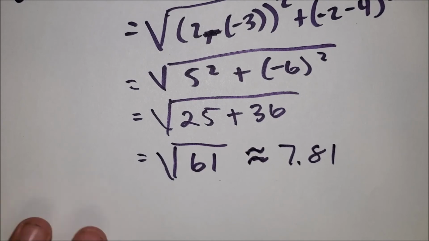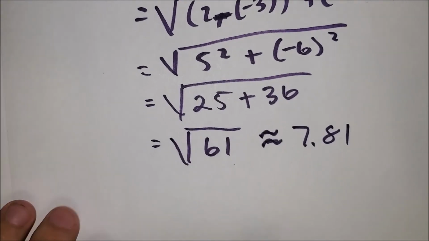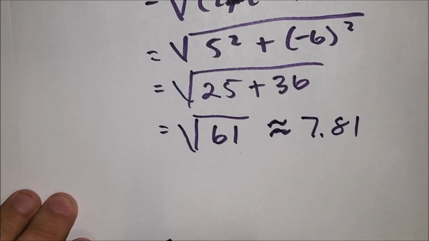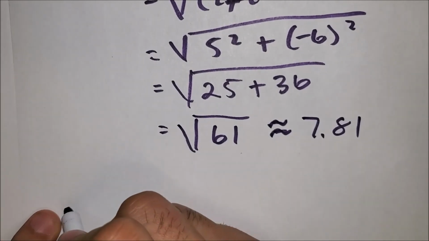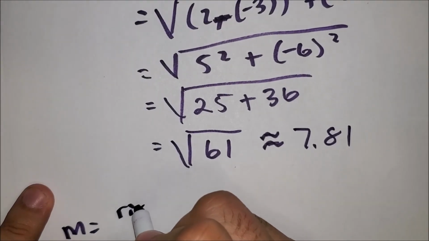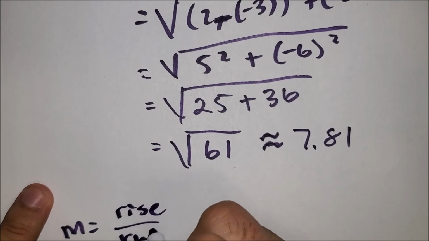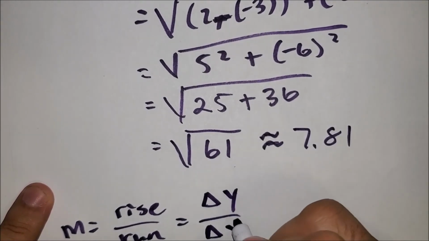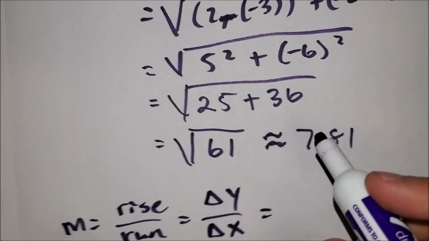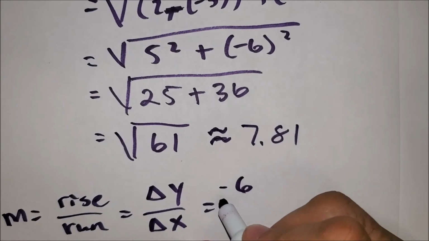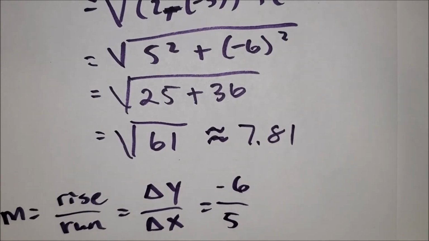And if we were to work out our slope, we have the 5 and the negative 6. Our rise is going to be negative 6. M equals rise over run, equals delta y over delta x, which would be negative 6 over 5.